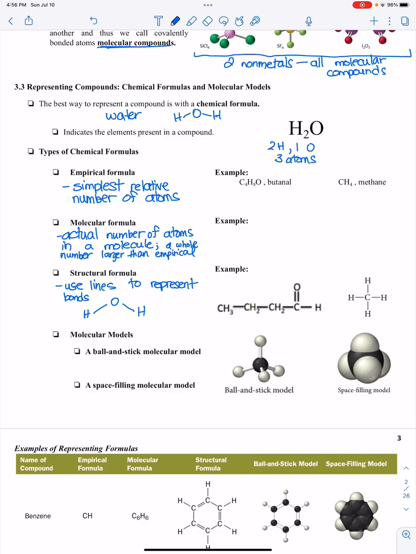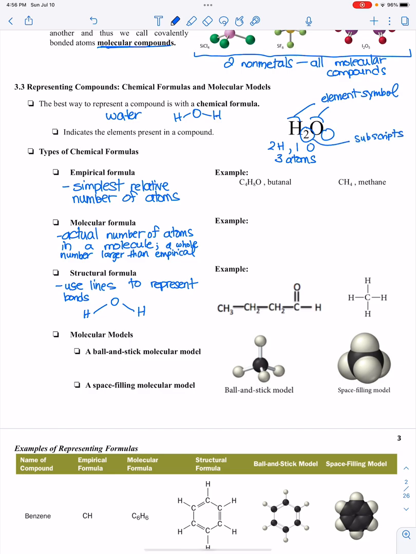Let's see how I could identify that in a compound. Well, in a compound, I see I have these capital letters. These are the element symbols. Each element symbol represents each element that's in a compound. And then at the bottom, we have something called subscripts.